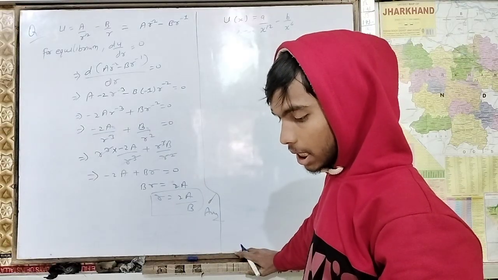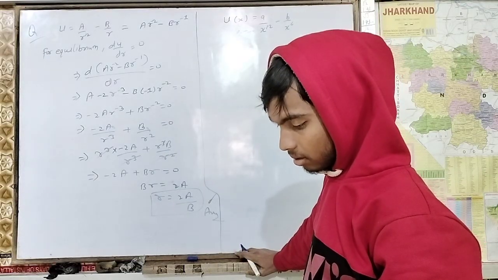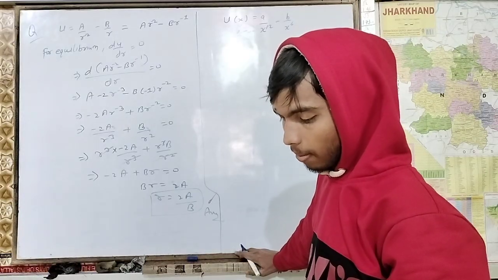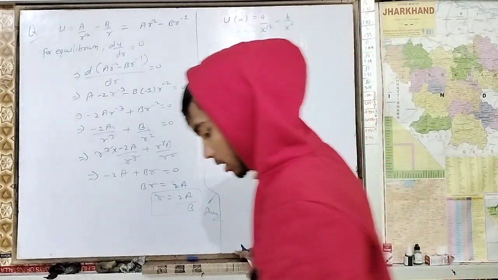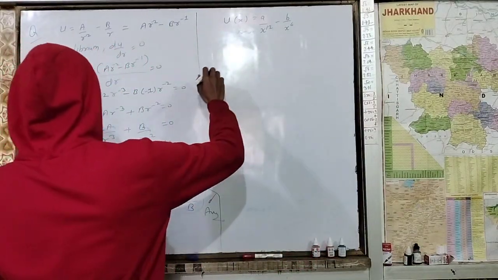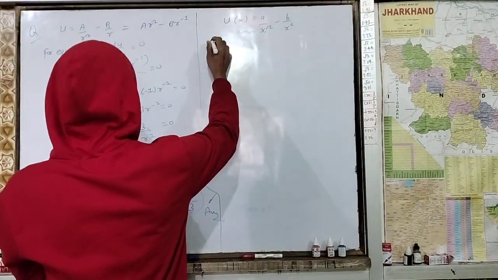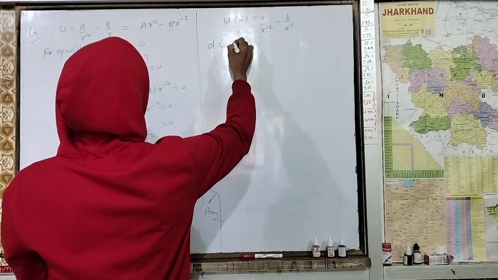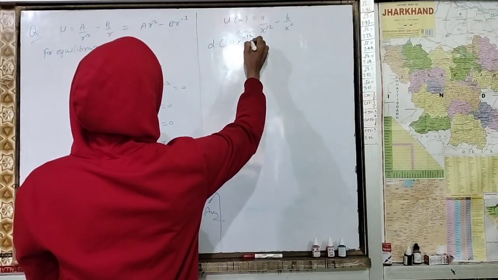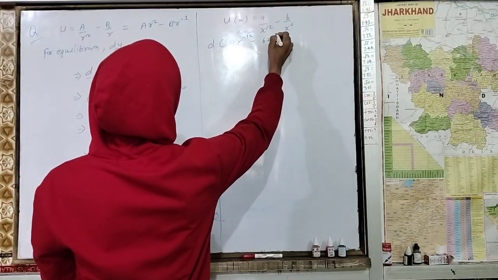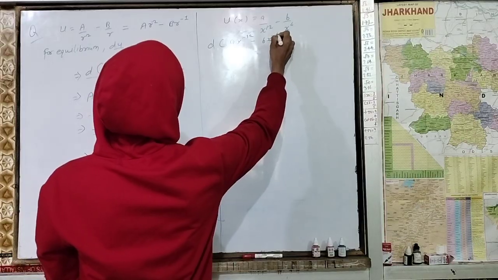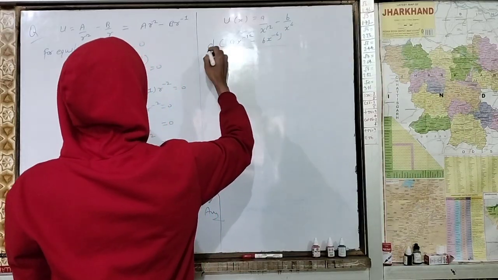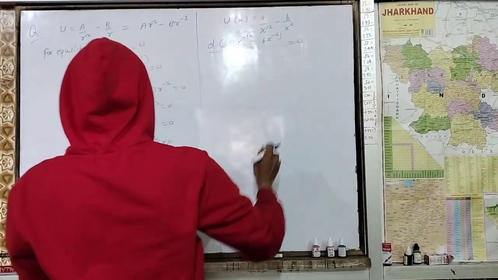The atom is in stable equilibrium when x is how much? Just put dU upon dx as 0. So the value of this will become A times x raised to power minus 12 minus B times x raised to power minus 6, differentiated with respect to x, which is equal to 0.